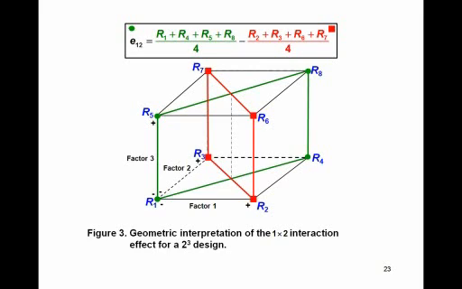So once again, we're taking the average response for the 4 design points where the factors are at the same level, minus the average response when the factor levels are opposite.